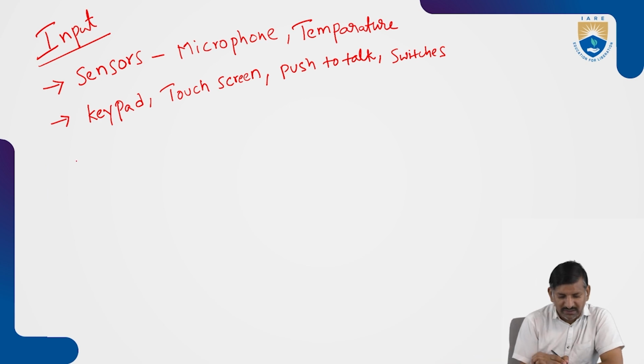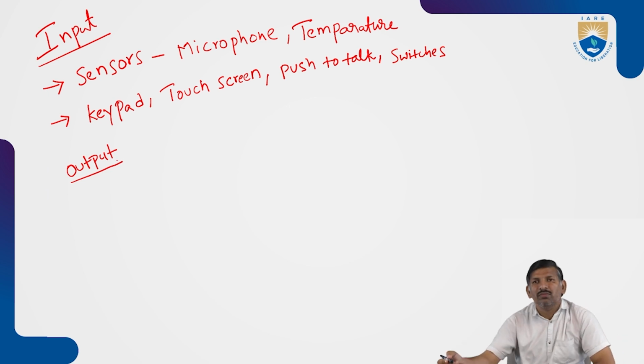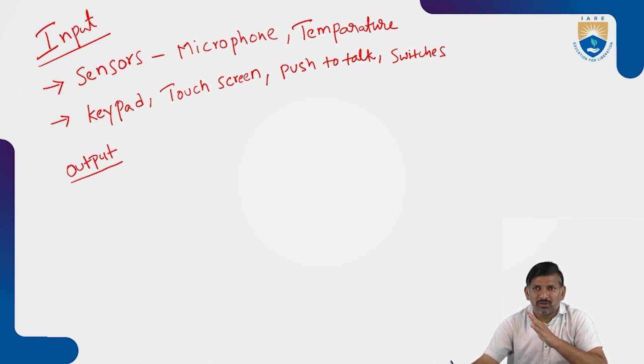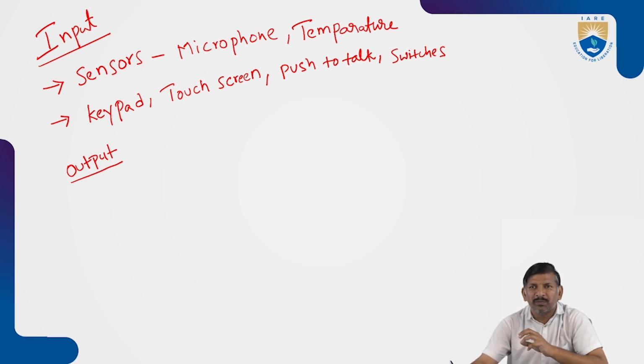Next, output devices. What will they do? They will monitor a particular parameter and control that parameter. Suppose if any person comes nearer to the door, the sensor continuously monitors a particular area.